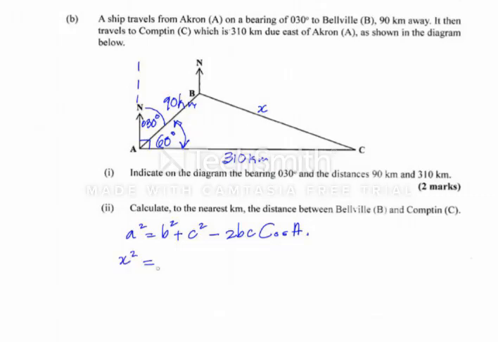B and c are the two sides of known length, so this is 90 squared plus 310 squared minus 2 times 90 times 310 times the cosine of the inclusive angle, which is 60 degrees.